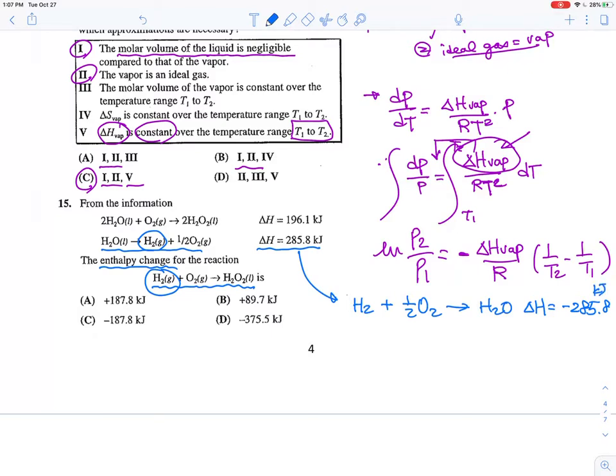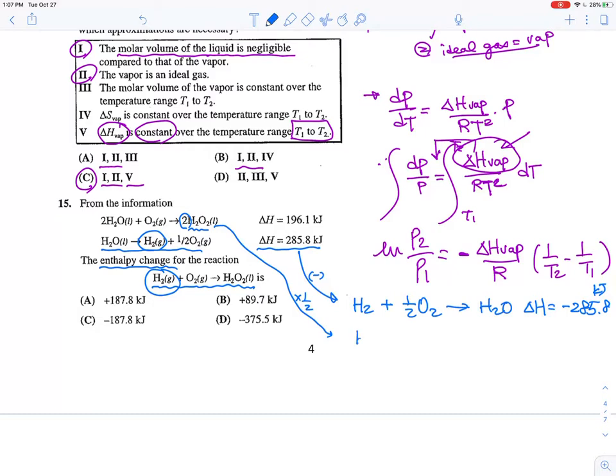And then I can see that H2O2 is here, but the coefficient is 2. So I'm going to write this one as it is, but multiply both sides by half. This one is okay, so the sign doesn't change.